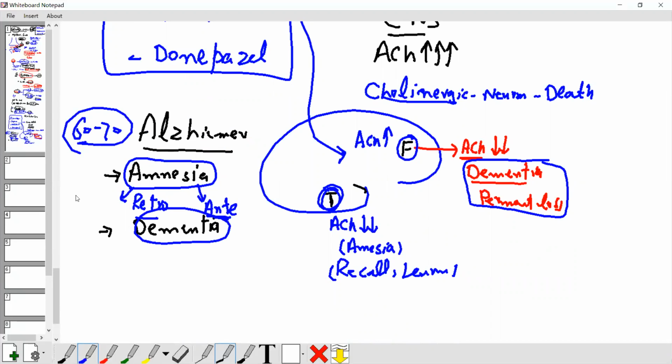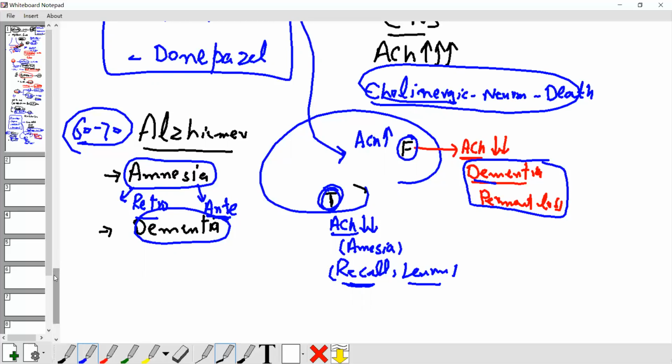Elder persons have problems with forgetting everything. Why? Because of aging, cholinergic neurons die. If in the frontal brain, then dementia, permanent loss. If in the temporal lobe, then amnesia, a problem with short-term memory, recalling previous information, and learning new information.